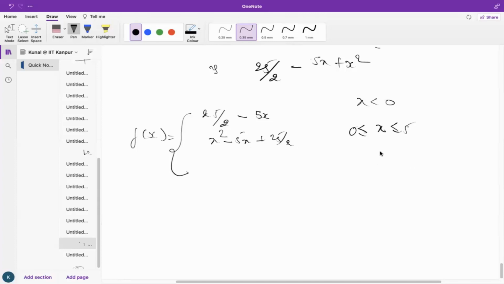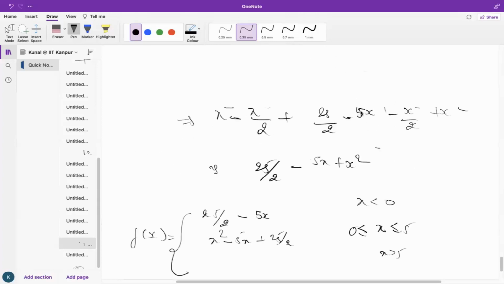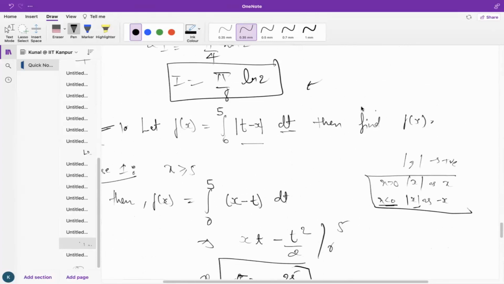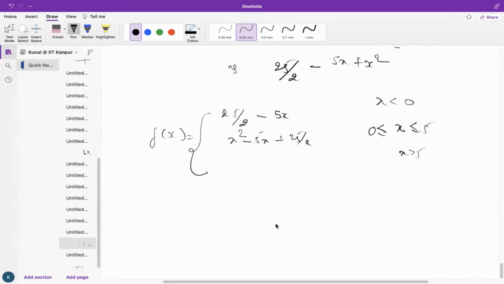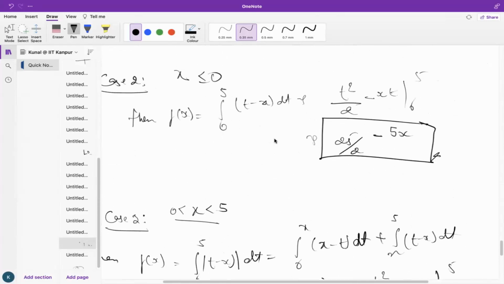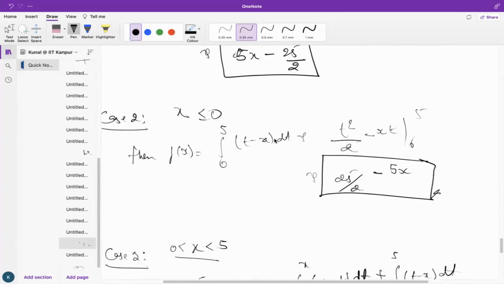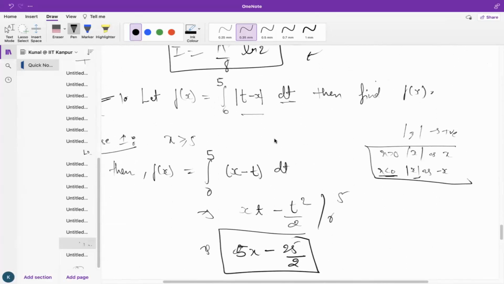And when x is greater than 5, look here, we get 5x minus 25 by 2. So this is the problem when mod is involved. We have to look at it case-wise, so you have to look into it very carefully.